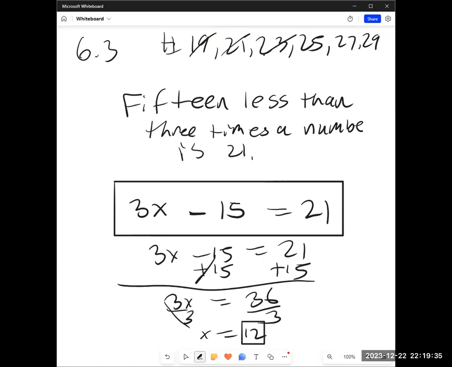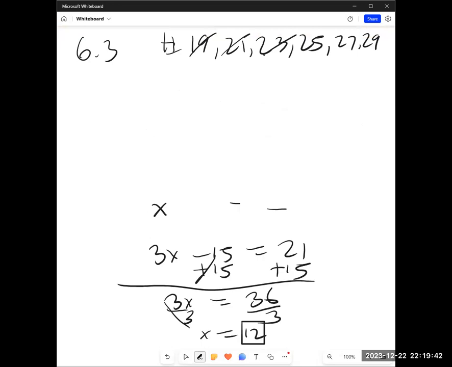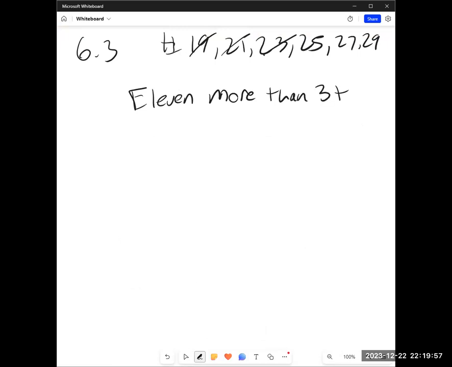Three more problems left here. Eleven more than 3 times a number is 32.